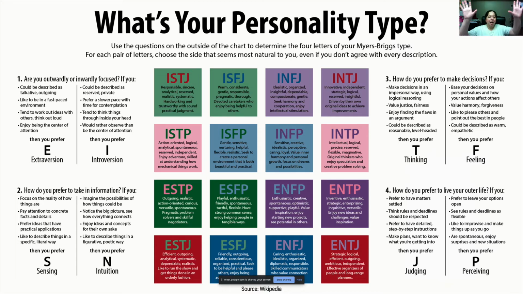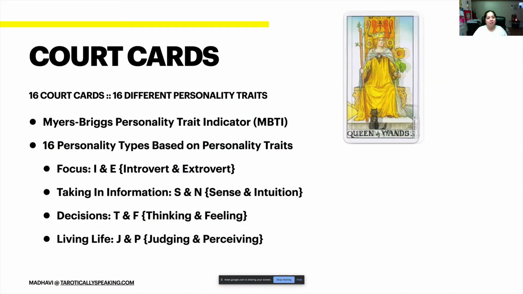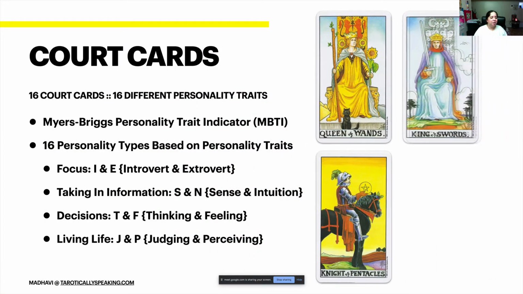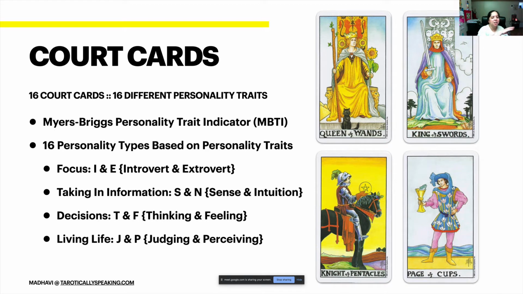And don't worry, this graphic is there in the handout too. I've sourced it from Wikipedia, so you can even get onto the Wikipedia page and read more about this later on if you want. This is great fun, but don't get caught up with this. This is just another fun perspective to look at the personality traits. Because interestingly, we have 16 court cards and 16 personality types, right?